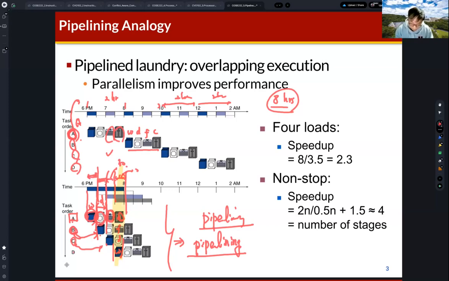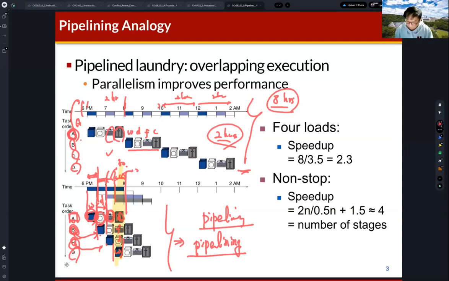If pipelining is not applied, we can assign a new task only every 2 hours. But if pipelining is applied, we can assign a new task every 30 minutes, right?